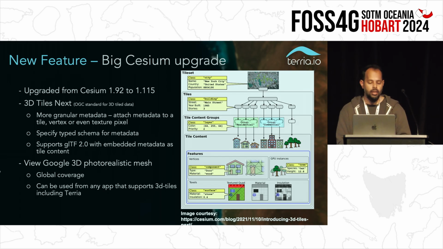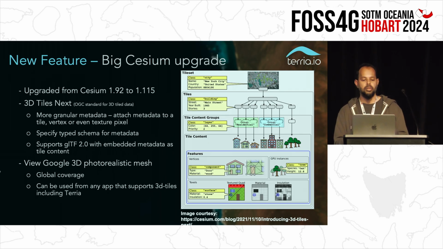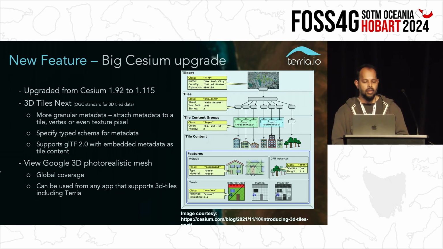As you can see in that image, 3D Tiles Next comes with more granular support for metadata. What that basically means is you can attach metadata from the tile set level down to a pixel level. That could be useful for, let's say, describing what a wall is made of, granite or window or something like that.